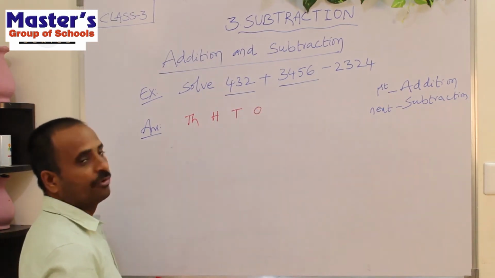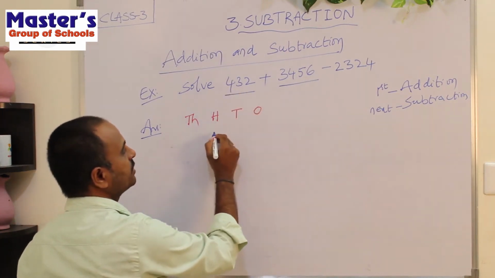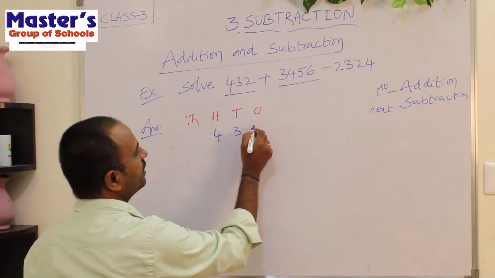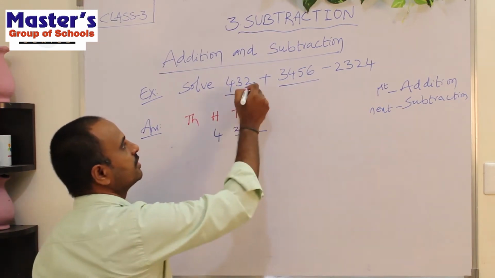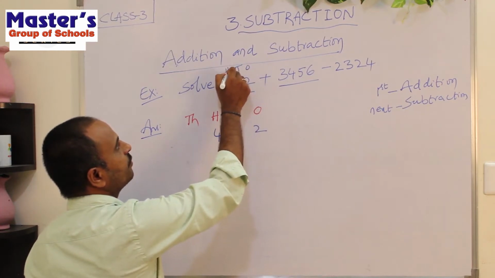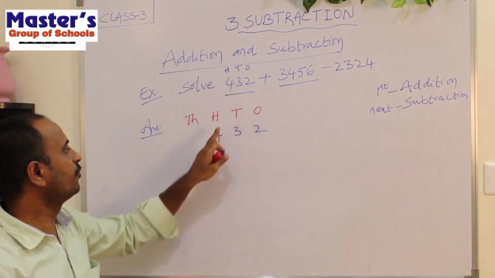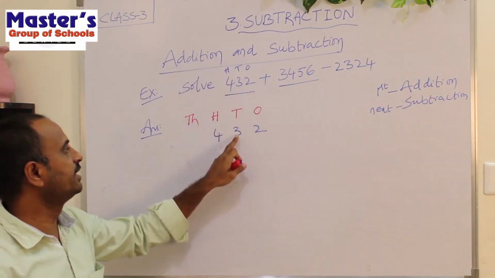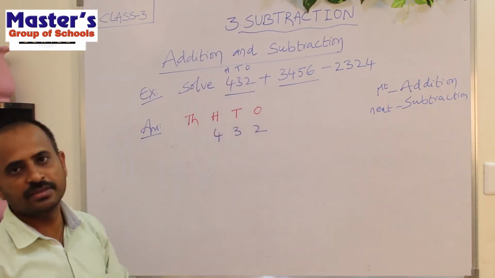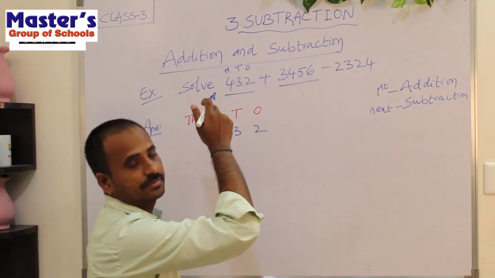So write 432. Here 2 is in ones place, 3 is in tens place, 4 is in hundreds place. So write 4 in hundreds place, 3 in tens place, 2 in ones place. Next write 3456.